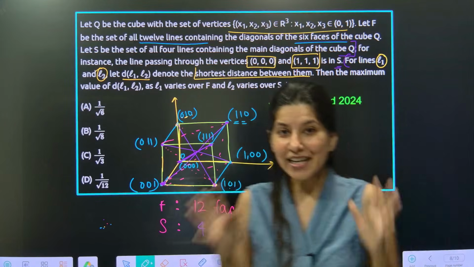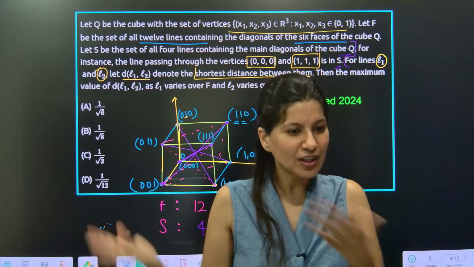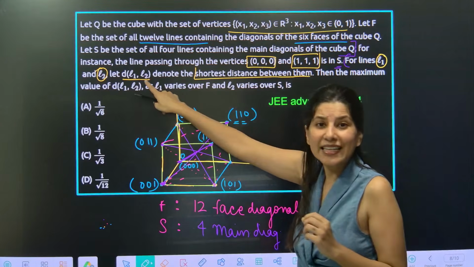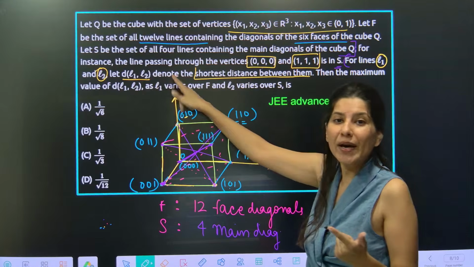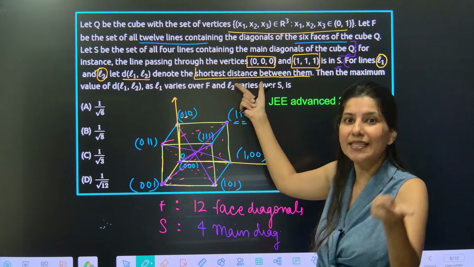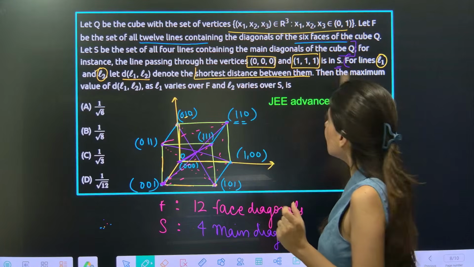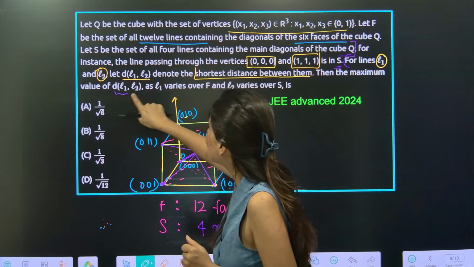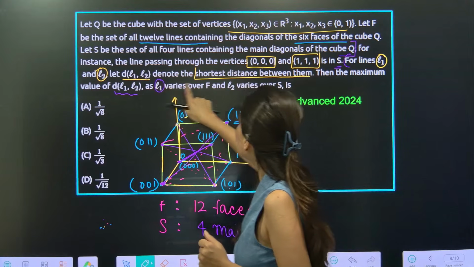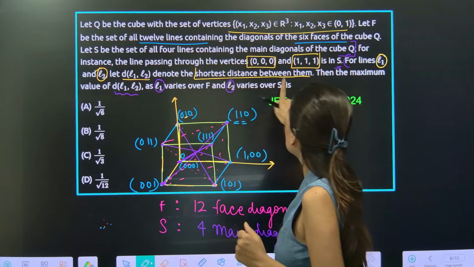Again, JEE Advanced gives so much information. We know this, right? They are telling the notation. d(L1, L2) is the shortest distance between skew lines. Then the maximum value of d(L1, L2) as L1 varies over F and L2 varies over S.